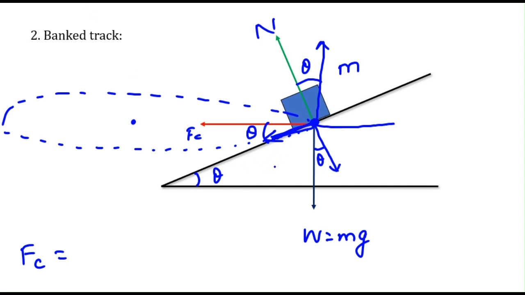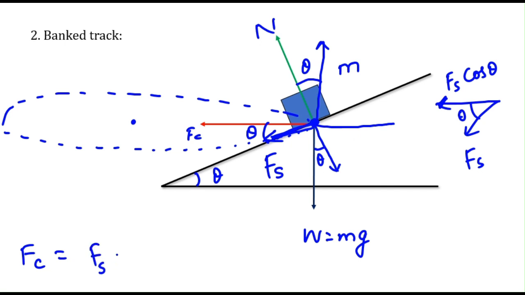So a component of this friction, let's say this static friction is Fs, is along the centripetal force, meaning it is acting as a part of the centripetal force. So if this is Fs and this is theta, and we want to know its component along this direction, this will be Fs cos theta. So centripetal force has one contribution here, which is Fs cos theta. This s is static friction.